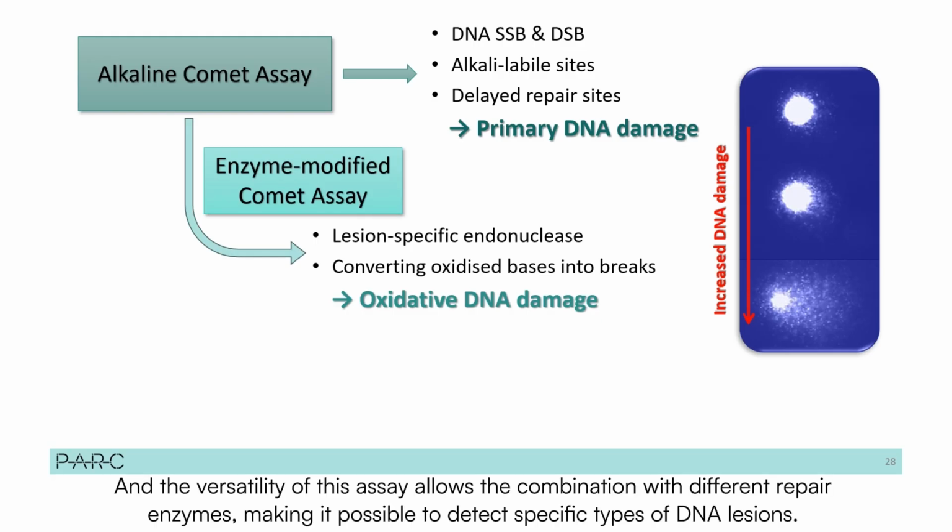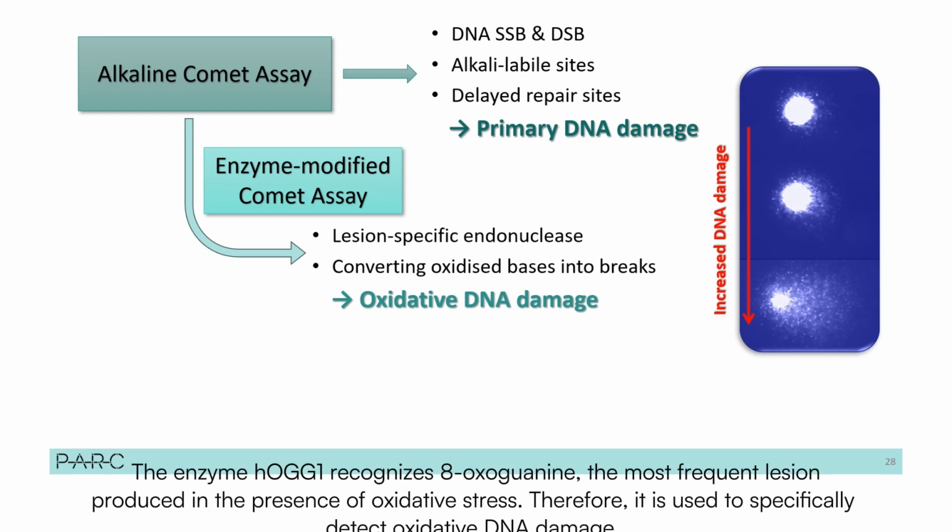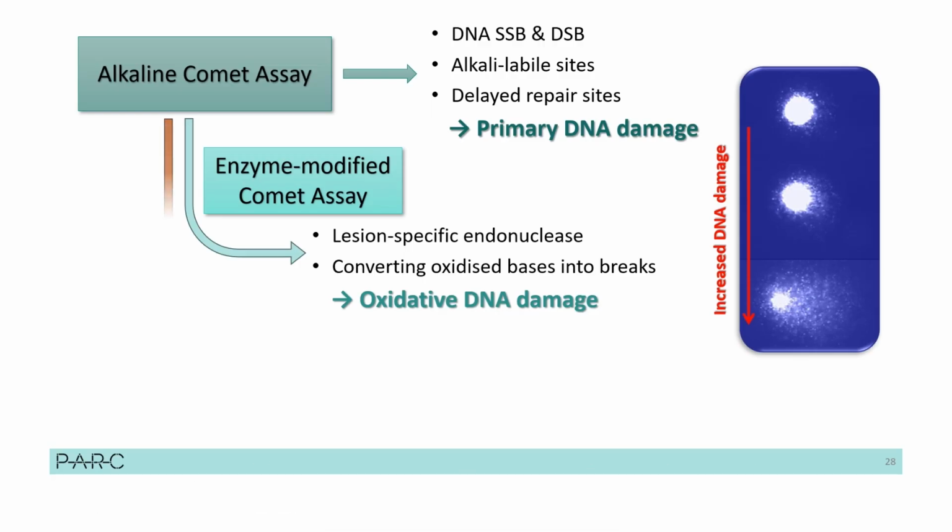The versatility of this assay allows the combination with different repair enzymes, making it possible to detect specific types of DNA lesions. The enzyme hOGG1 recognizes 8-oxoguanine, the most frequent lesion produced in the presence of oxidative stress. Therefore, it is used to specifically detect oxidative DNA damage.